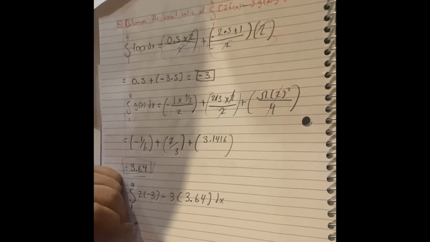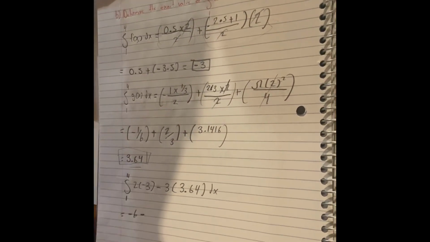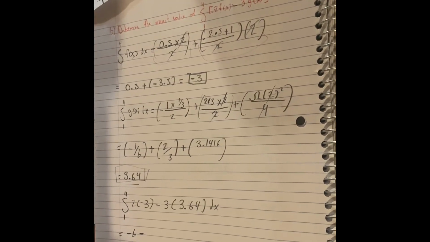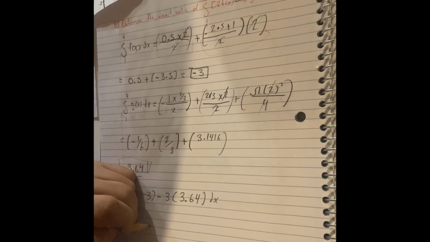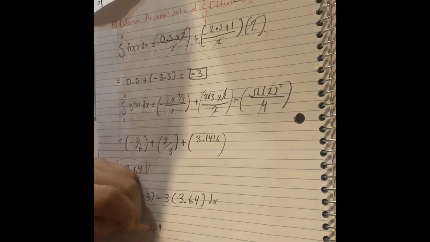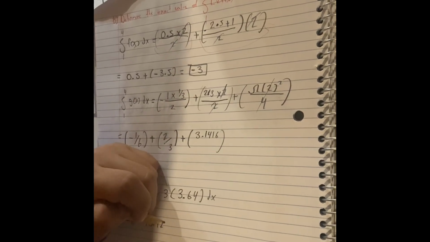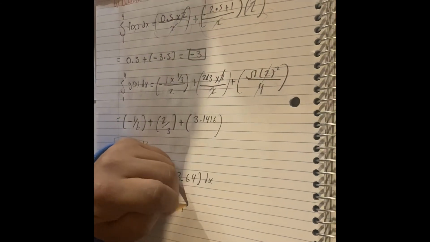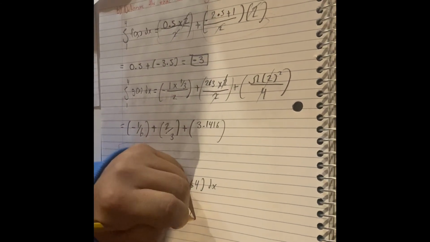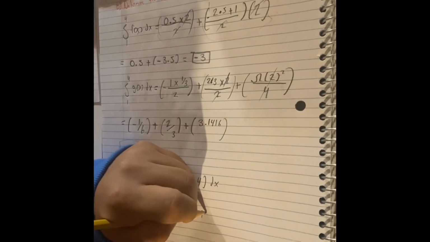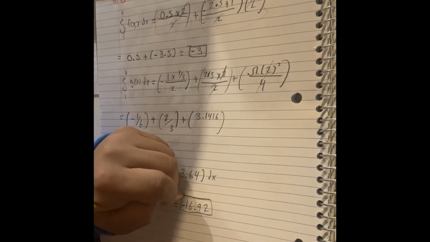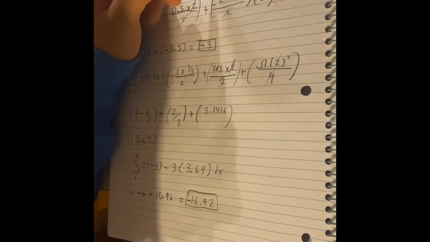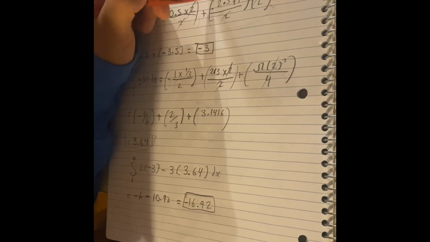So we found that this is gonna be -6, and it's gonna be minus 10.92 approximately, which is gonna add up to -16.92. So this is the result of the integral from 1 to 4 of this.